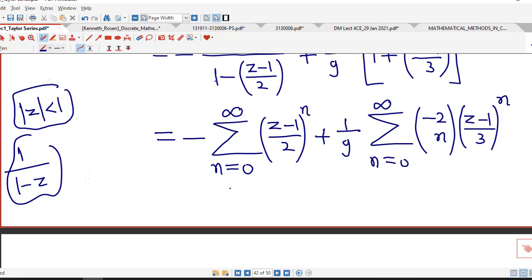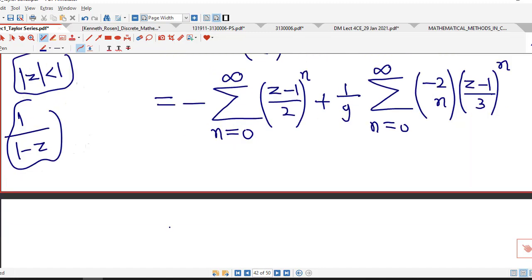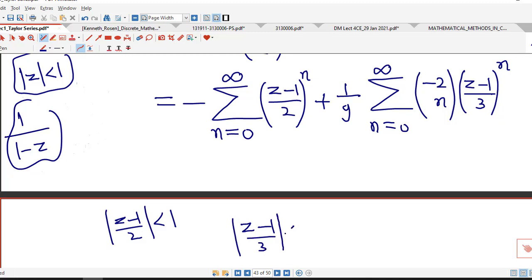So these two series are valid. The first series is valid if the absolute value of z minus 1 by 2 is less than 1, and the second series is valid if the absolute value of z minus 1 by 3 is less than 1.